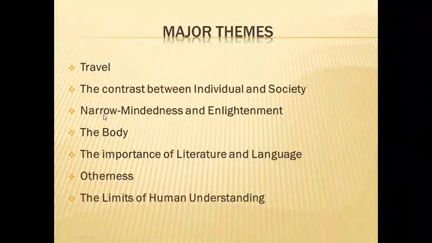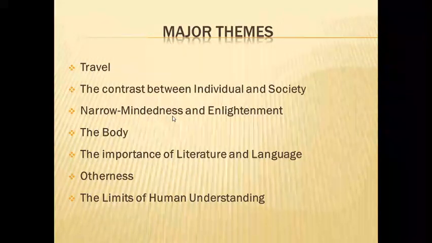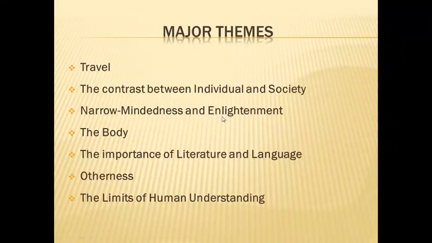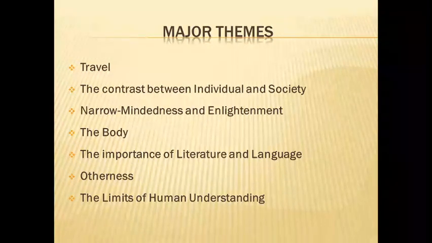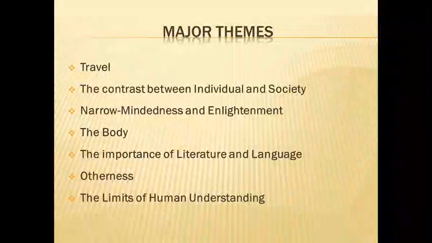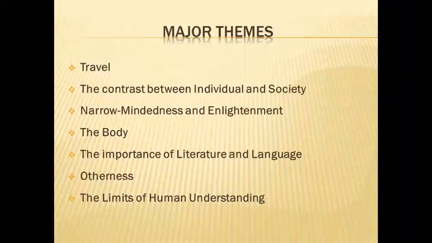And the other one is narrow-mindedness and enlightenment. So it's also one of the main important themes of the book. Throughout his journeys, Gulliver comes into contact with several different races of people, as you know, all of which are narrow-minded in some way.